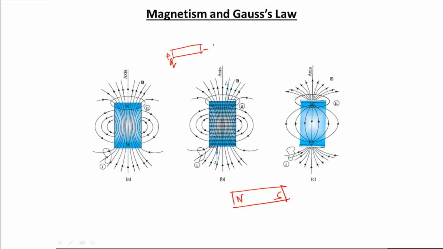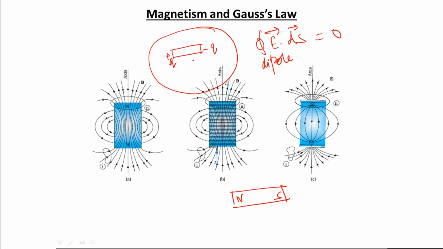And if you want to calculate the flux through a closed surface enclosing the dipole, the total flux will actually be zero. Why? Because the charge enclosed is plus q minus q, so this gives zero. So 0 by epsilon naught is zero.